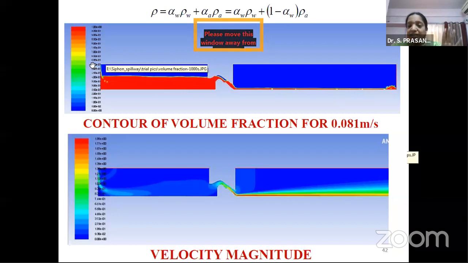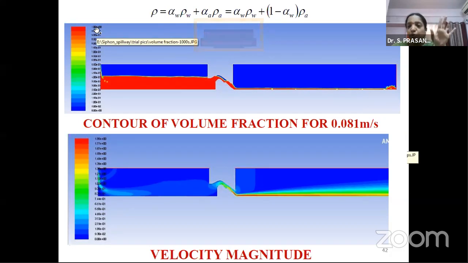But in this case, when you exactly want to know the flow of water, you should take the value very near to 1. That means it should be something like 0.95 to 1, or with still more precision, it can be 0.98 to 1. So very, very near to 1.